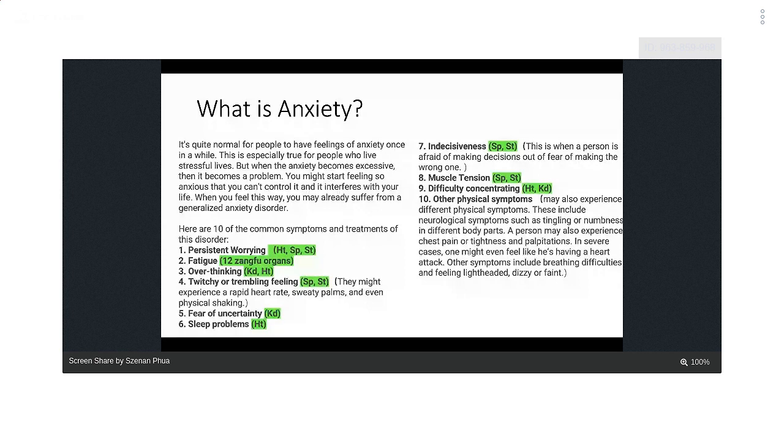Fatigue. One of the common symptoms, fatigue, low energy. It can be caused by any other organs. That's why I put it down here, 12 zangfu organs. Any of the organs out of balance can cause fatigue, can cause low energy, right? We won't say, oh, low energy is definitely heart out of balance, or low energy, that's spleen qi deficiency.